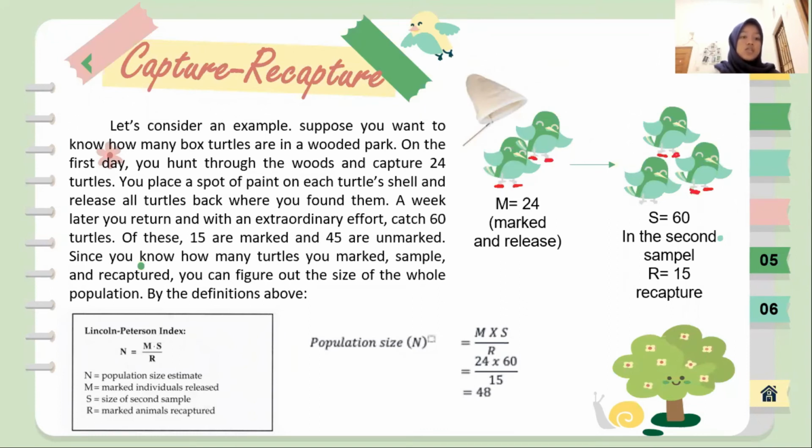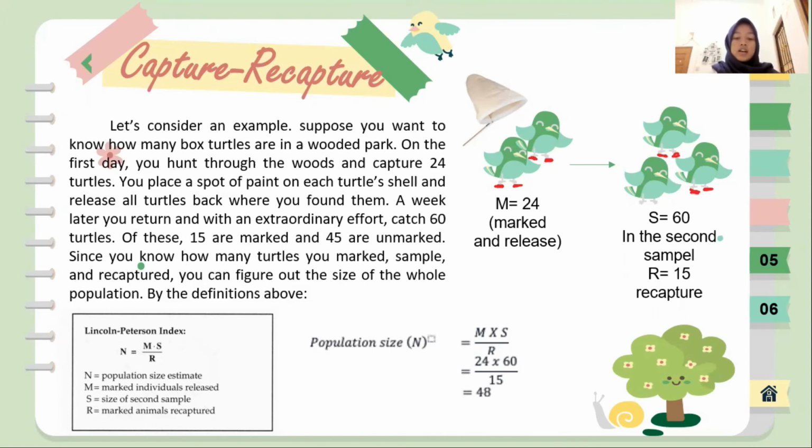Since you know how many turtles you marked, sampled, and recaptured, you can figure out the size of the whole population by the definition above. We know N is the population estimate, M equals 24 from marked individuals released, S equals 60 from the size of the second sample, R equals 15 from marked animals recaptured.